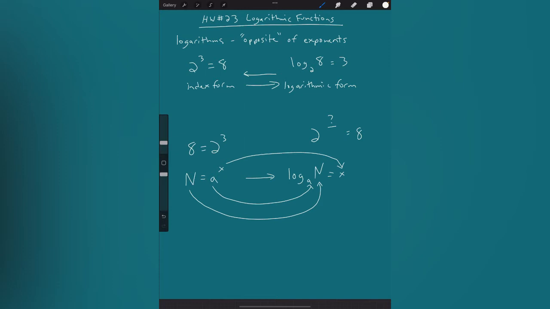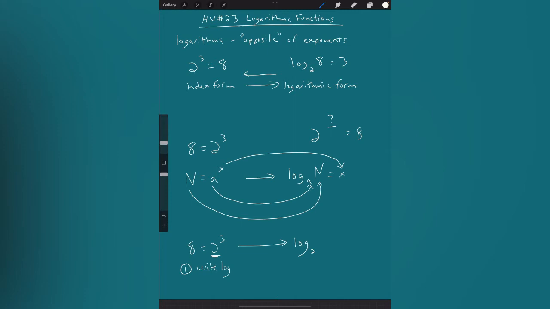Like if you had, once again, 8 equals 2 to the third, and I said write this in logarithmic form, the first step is to write log. Then find out what number is actually being raised to the power of something. You would look at 2 in this case, and 2 is going to be your subscript down there.